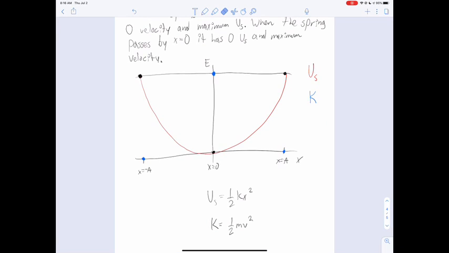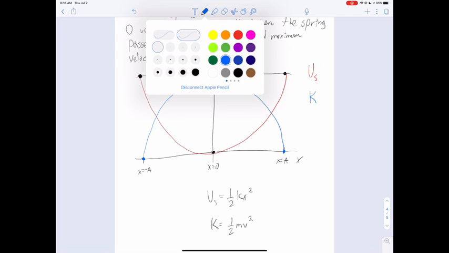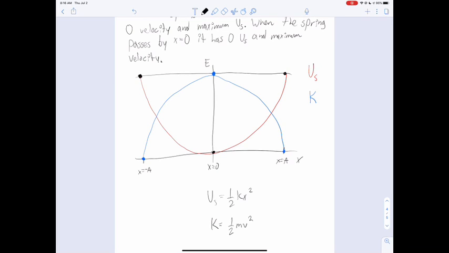And again, we sketch it because we know it's a quadratic graph. And what we see here is that if you take 2 points at the same x position, those 2 points should add up to the total mechanical energy, as I'm showing here. So for example, let's look at where the graphs intersect right there.